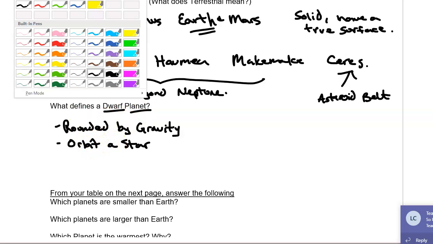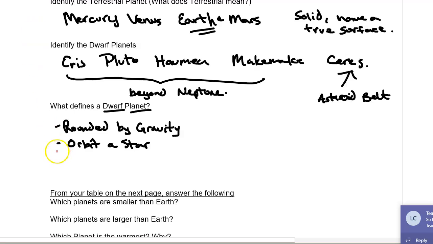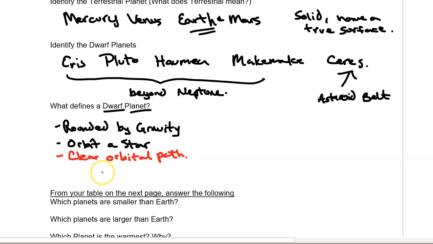But a planet will clear its orbital path, and dwarf planets do not do this.